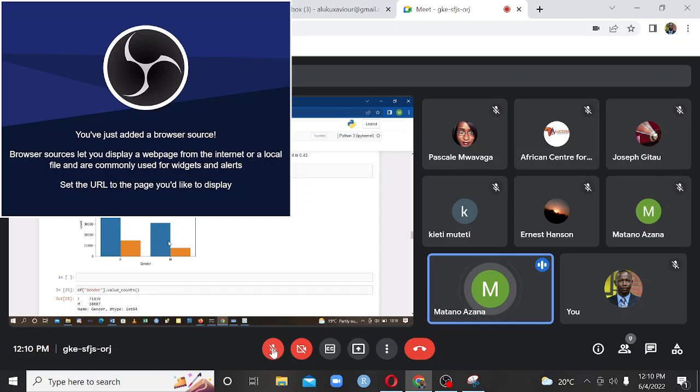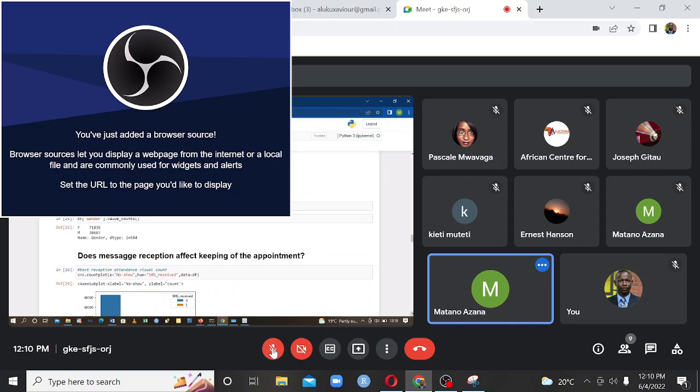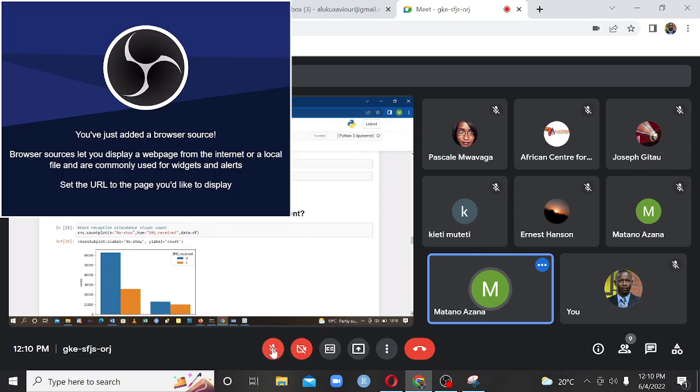As you can see, the figures are similar, although the sizes are quite different.